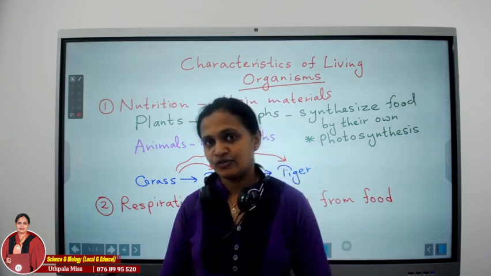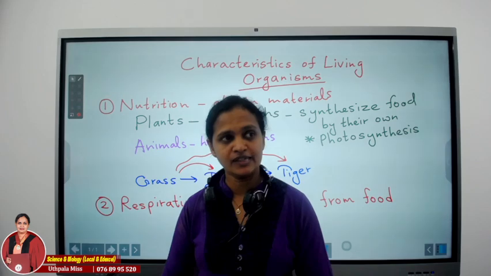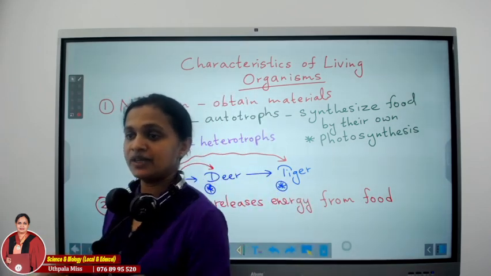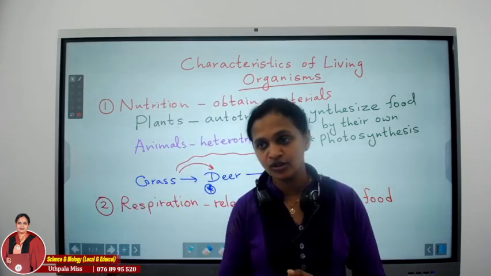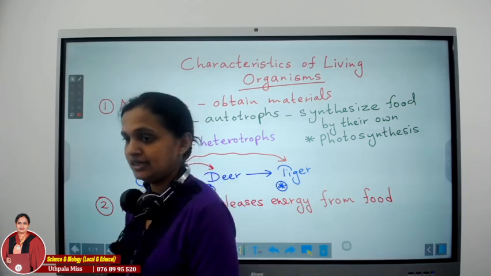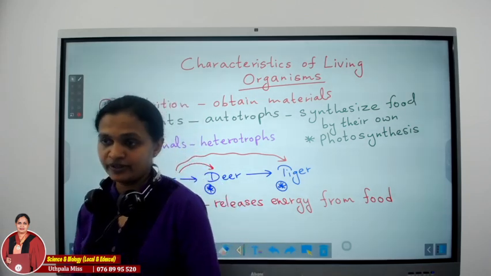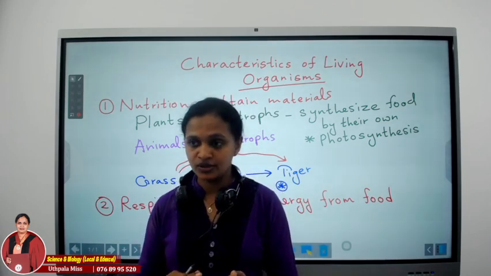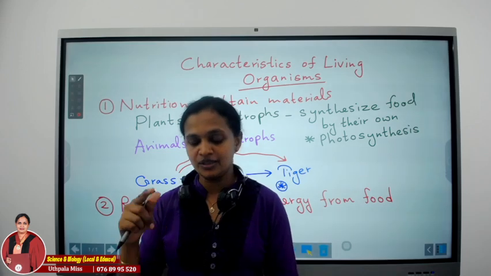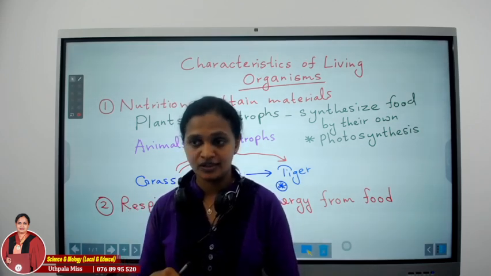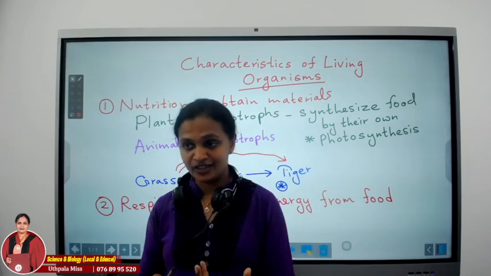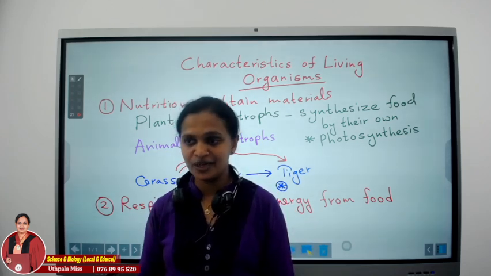Then in the case of animals, they can move from one place to another, which we call as locomotion. So, movement is a characteristic of living organisms. They show movements in order to fulfill their basic requirements, sometimes in order to find shelter or protection, in order to be protected from their predators, in order to find their food, in order to catch the prey maybe.